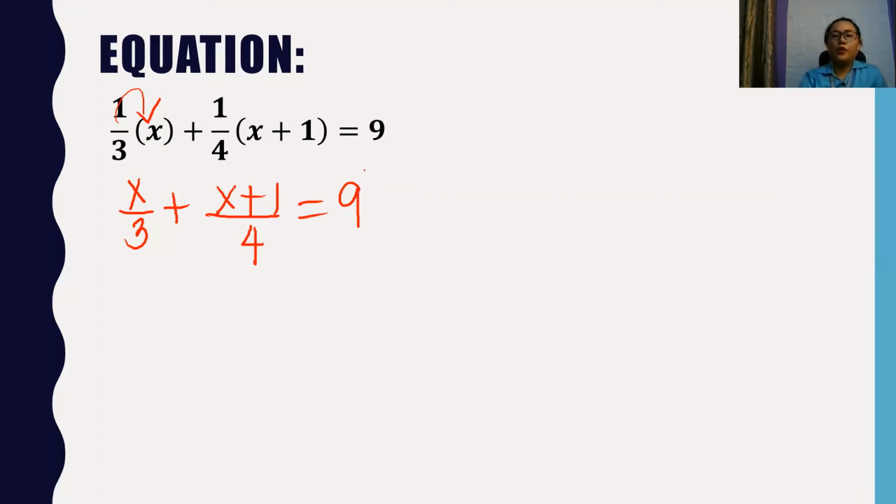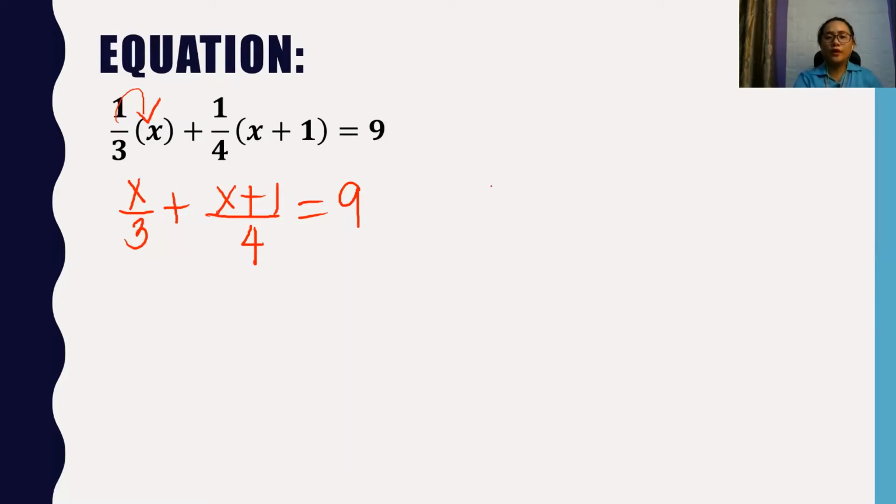Now, we have already the equation here, and it's a rational equation. Therefore, you are going to go back with the steps on how to solve rational equation. First step is to find or look for the LCD so that we can multiply both sides of the equation with the LCD to eliminate the rational expression.